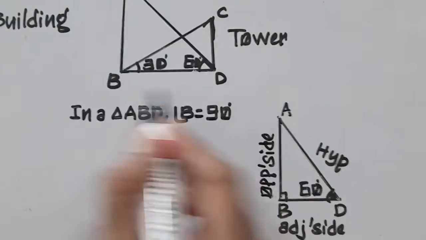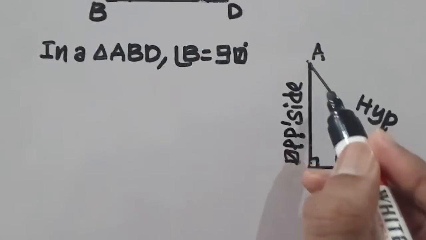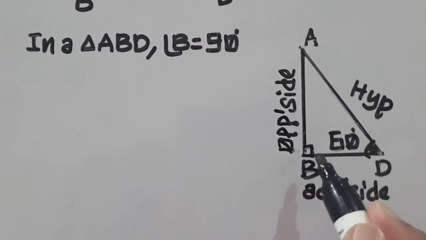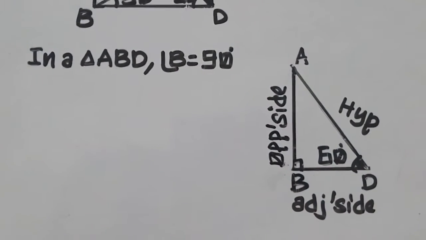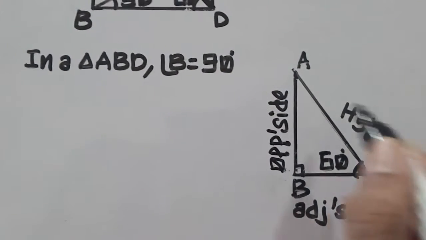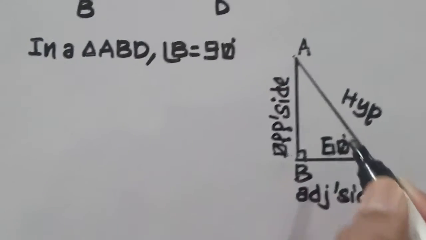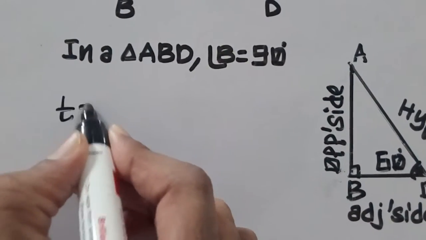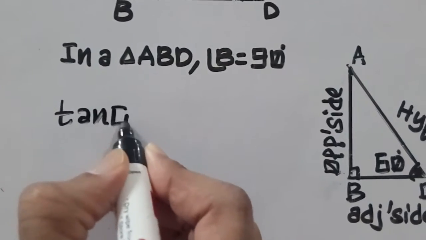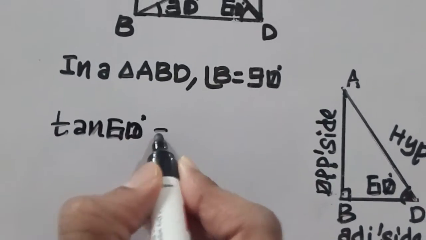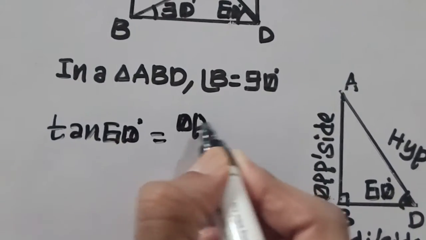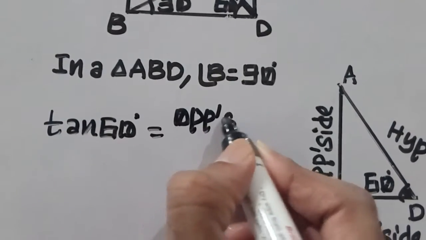See here, by taking triangle ABD, I am proving the problem. ABD is a right angle at B. The longest side is the hypotenuse, side B is the adjacent side, and the other side is the opposite side. Now we'll take tan 60 degrees, which equals the opposite side to theta by the adjacent side to theta, where theta is 60 degrees.